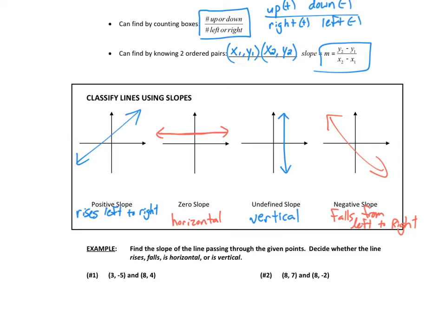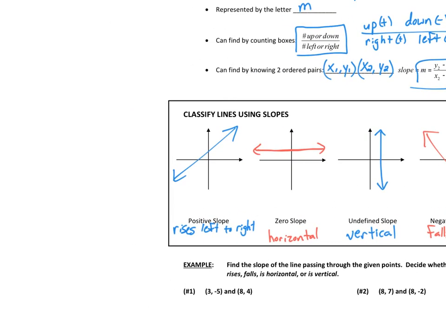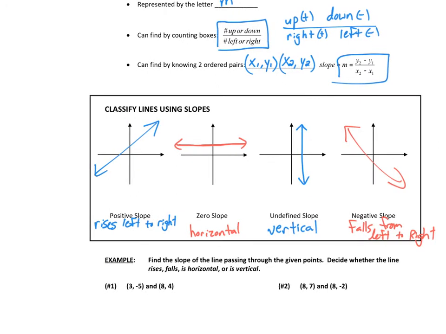Now I'm going to add a quick note off to the side. I'm going to write HOY and VUX. HOY means horizontal. It is a zero slope, and it's y equals.